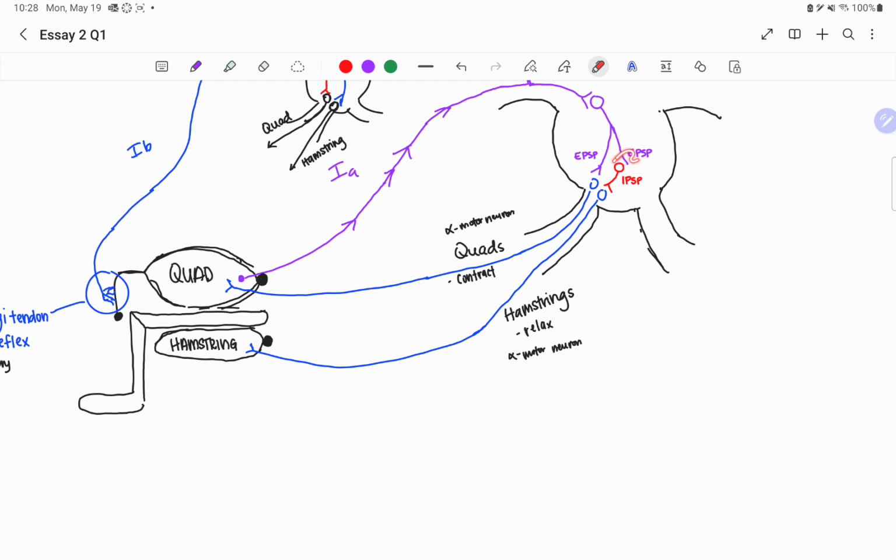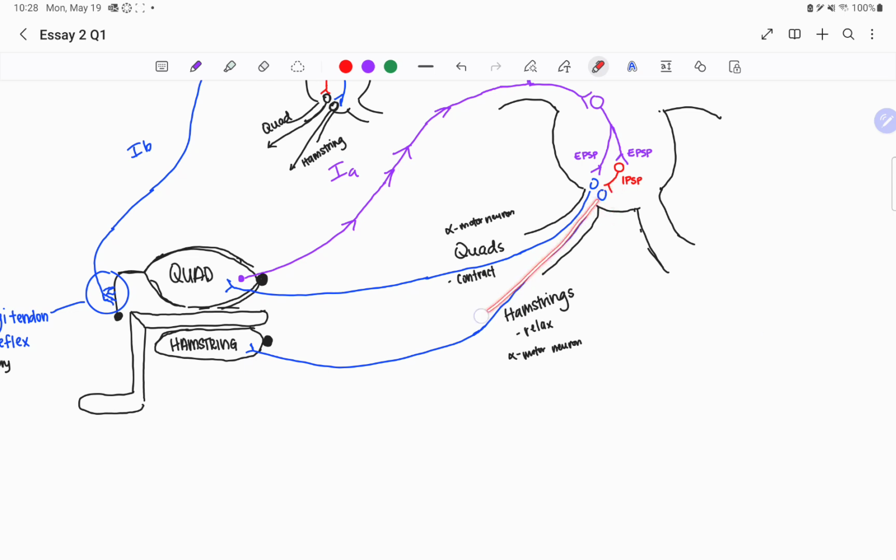Now, this other pathway, in order for the quads to be able to contract, the hamstrings have to relax, right? Because they're antagonistic to the quads contracting. So what happens here is there's an EPSP, and then you have this interneuron that causes an inhibitory response.